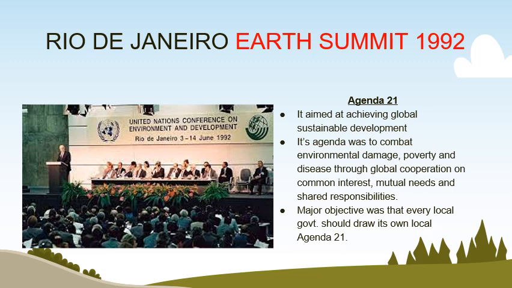That is, the environmental damage that is affecting the whole world, the poverty, the disease like corona, which was an issue to the whole world, these should be tackled through global cooperation, as these issues all share a common interest. There is a mutual need and a shared responsibility should be taken up. Only then can we combat it.